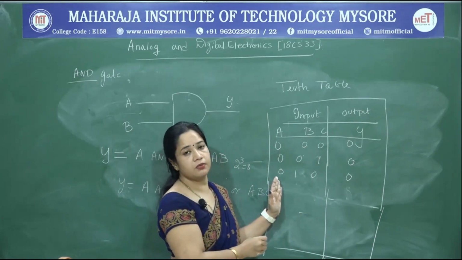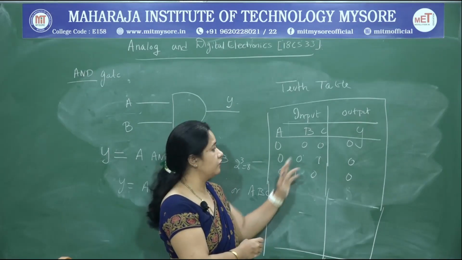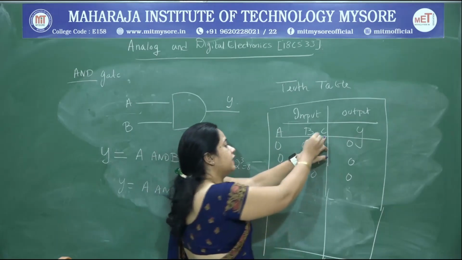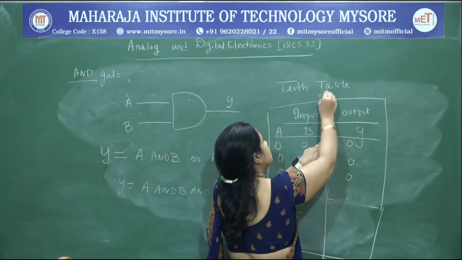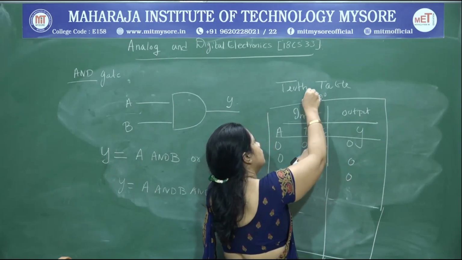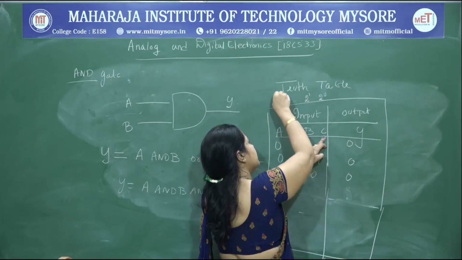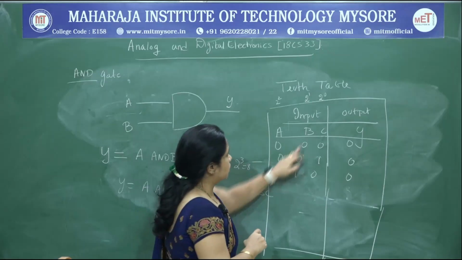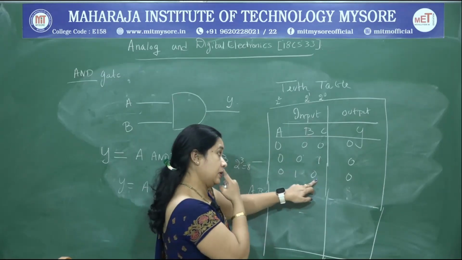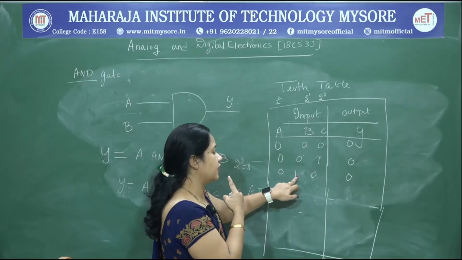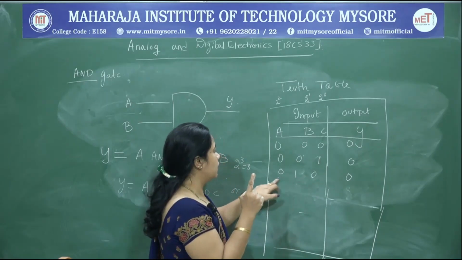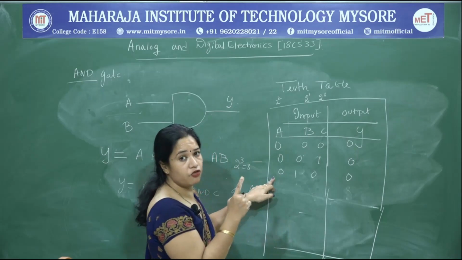This binary system you are already comfortable with. So the least significant bit has a weightage of 2 power 0, this has a weightage of 2 power 1 and this has a weightage of 2 power 2. So this is 2 power 0, this is 2 power 1 indicating 2, and this indicates 4.